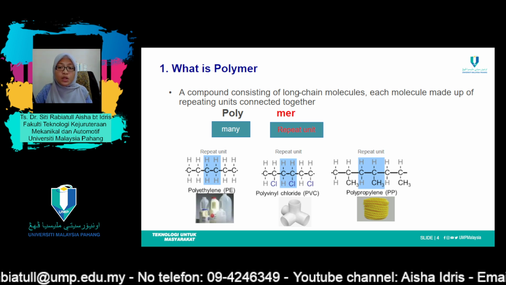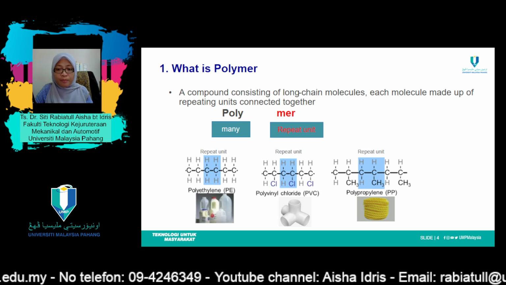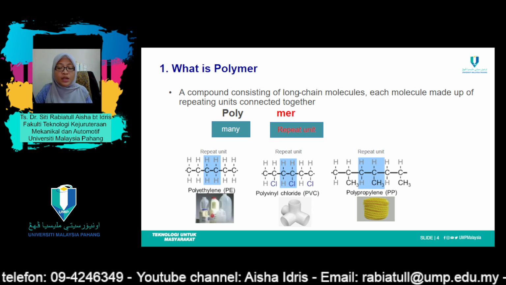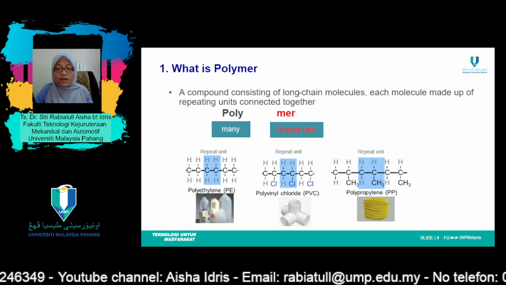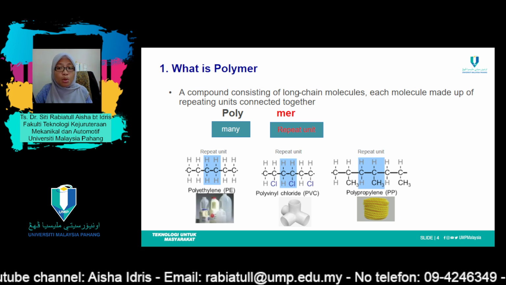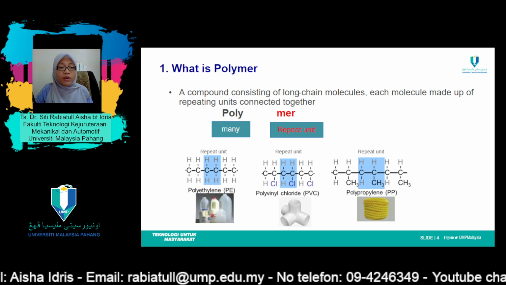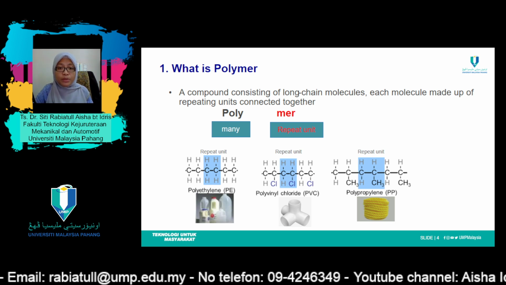If you refer to this figure, for example, polyethylene consists of C2H4, and you notice there is a repeating unit, so that is called a polymer. When the number of monomer units is very large, the compound is sometimes called a high polymer.